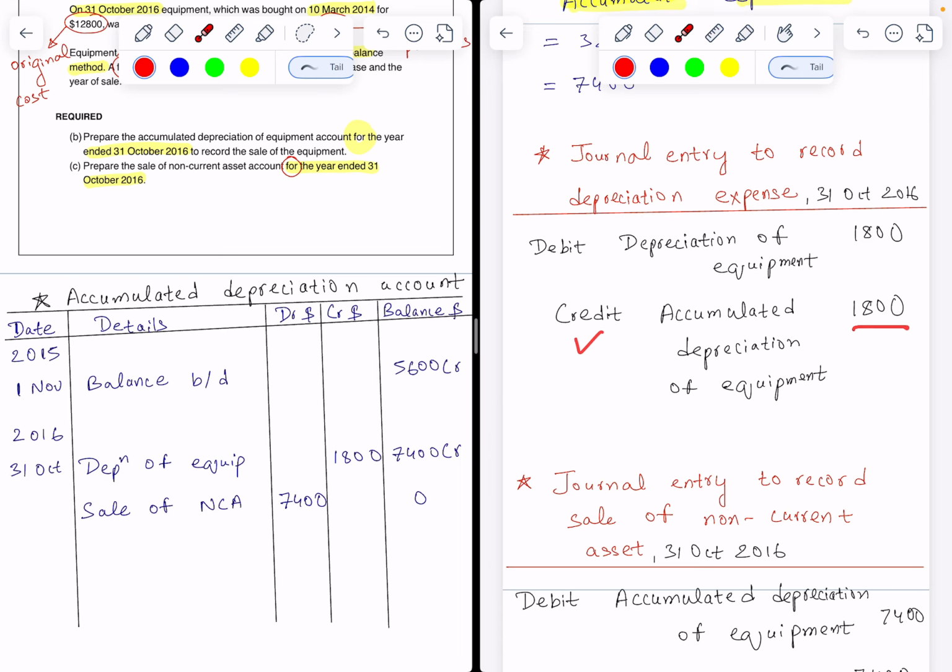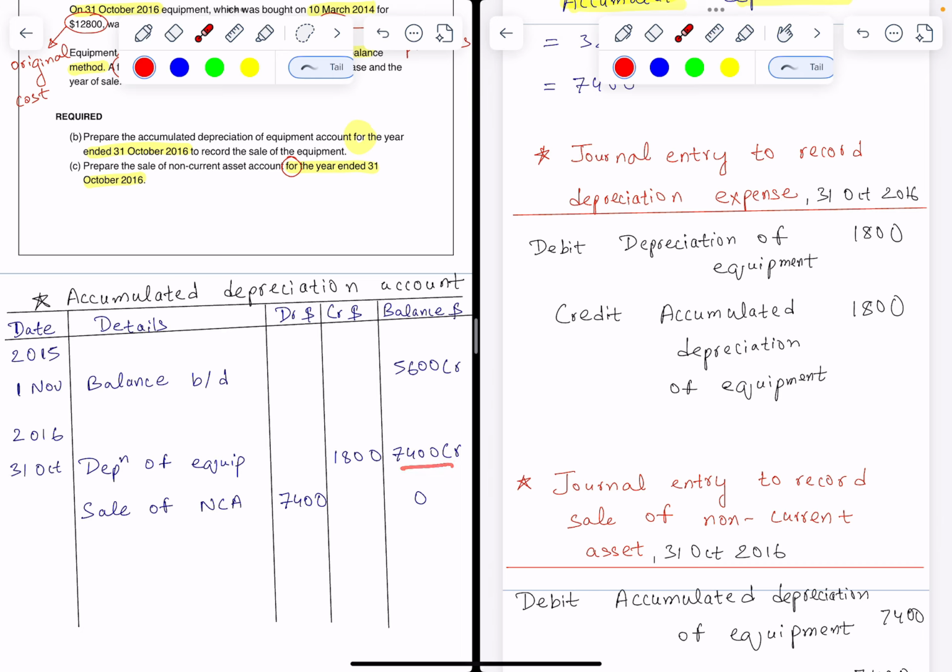So this ledger account for accumulated depreciation at 31 October 2016 will show $1,800 in the credit side, with the details column as the relevant cross-reference. I've written DEPN of equip in short, but make sure in exam to write the full form, which is depreciation of equipment. So this $1,800 of credit gets added to the previous 5,600 credit, which gives us 7,400 credit as the net balance at the end of this transaction.